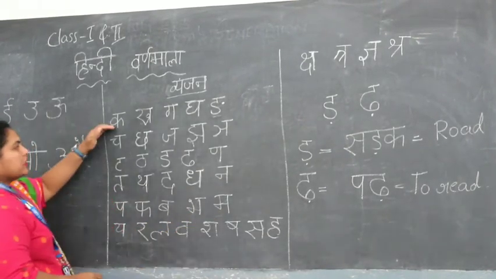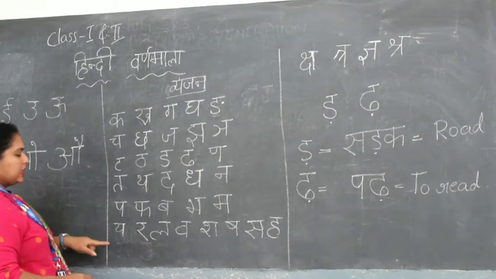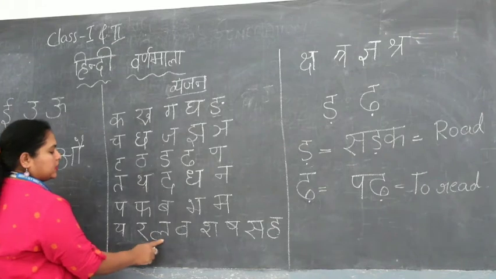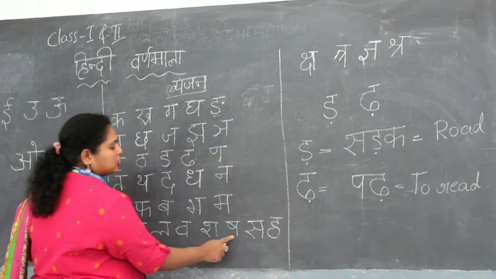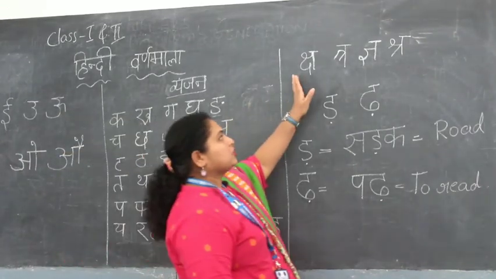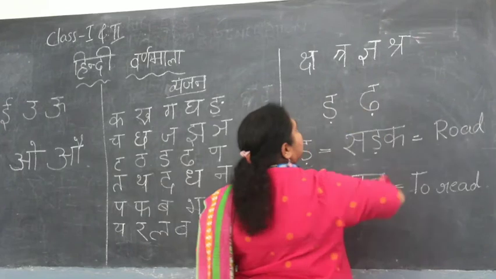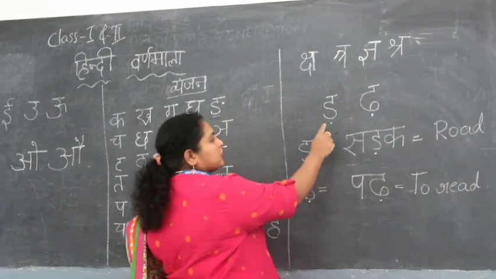So this is ka varg, cha varg, ta varg, ta varg, pa varg. And then you have ya, ra, la, va, sha, sha, sa, ha. After that, you all have the Sanyuktakshar.